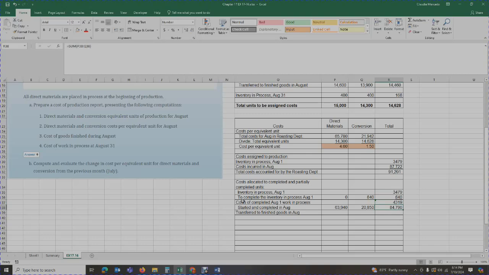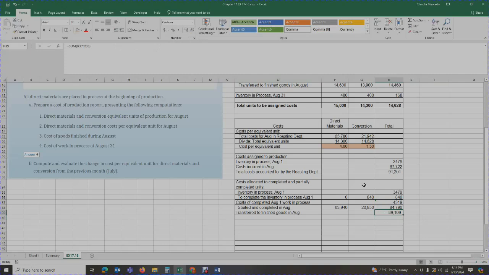So the top section deals with the beginning inventory and what was pending to be completed for conversion costs for those goods that were started in July, which was the 840. And that gave us the 43.19. So now we can simply add, let me underline this, our cost of completed August 1 work in process plus what we started and completed in August. That will give us the sum of those two, which is 89,109.